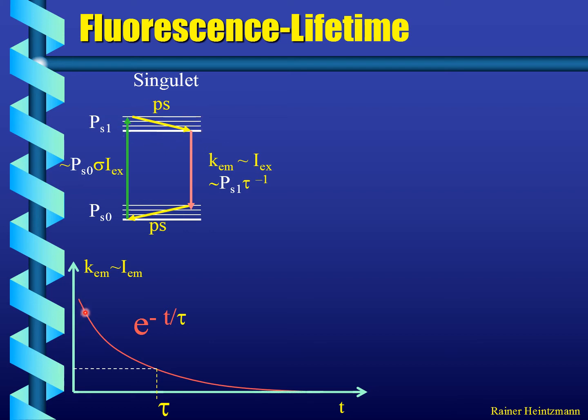And so what you get is this typical exponential decay curve, a single exponential decay, I proportional to e to the minus t over tau, tau being the fluorescence lifetime, its inverse being the rate here, and t being the time of your measurement.